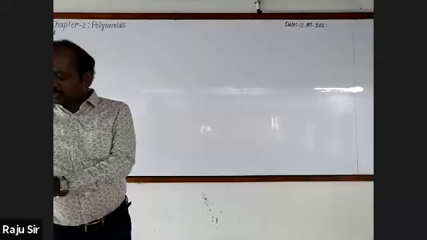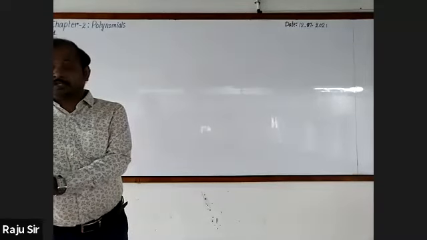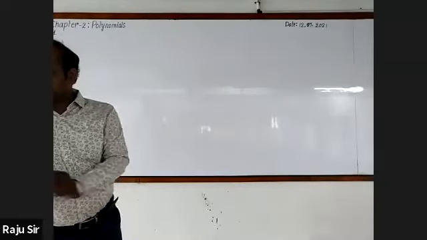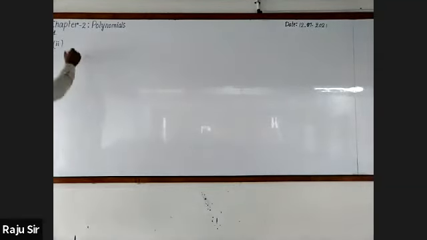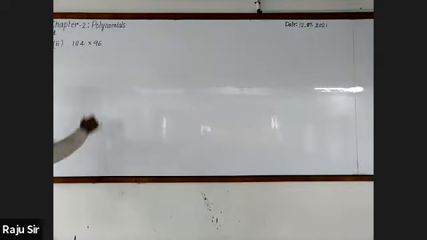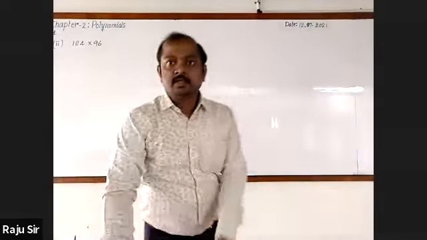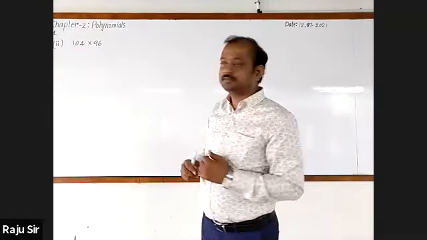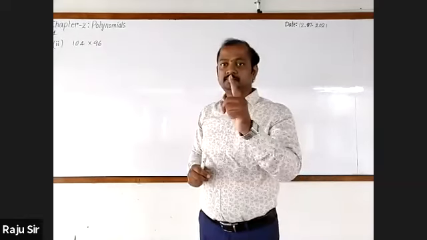The second one, I'll take it from the textbook only. It is 104 into 96. I think this was also given in yesterday's test, right? It was for 1 mark.